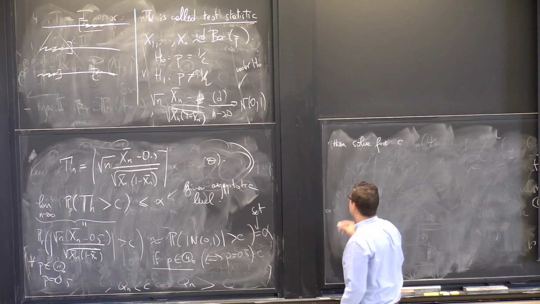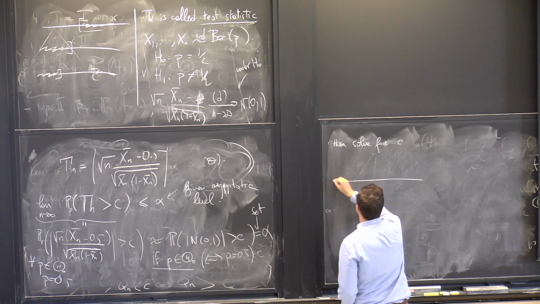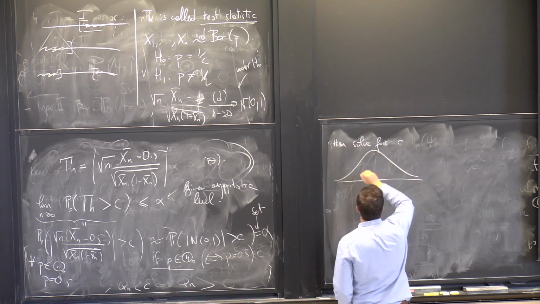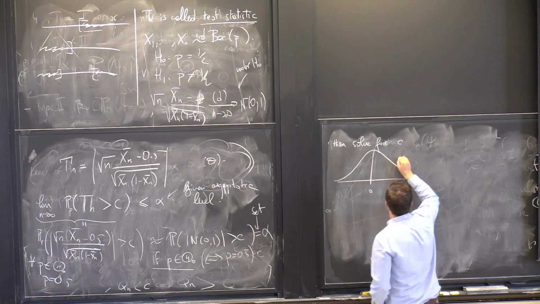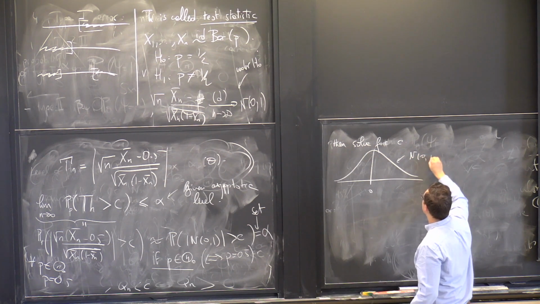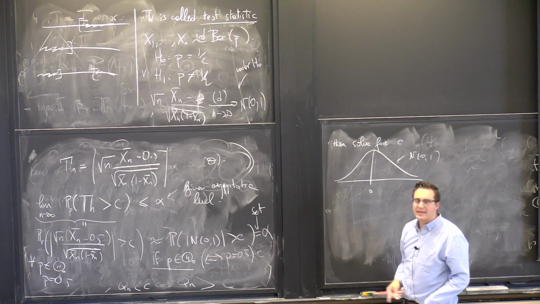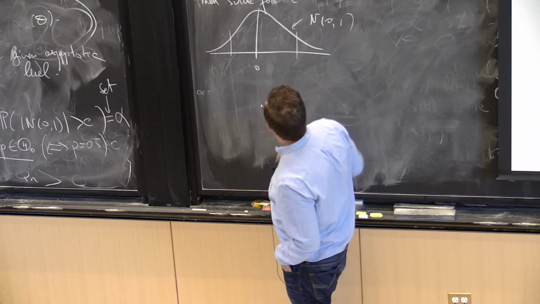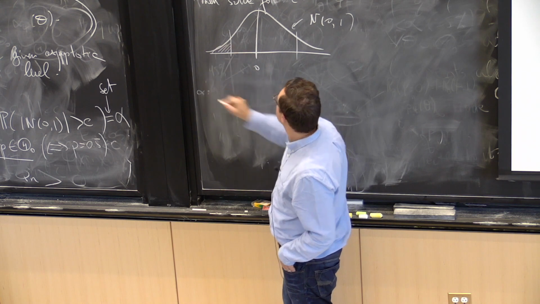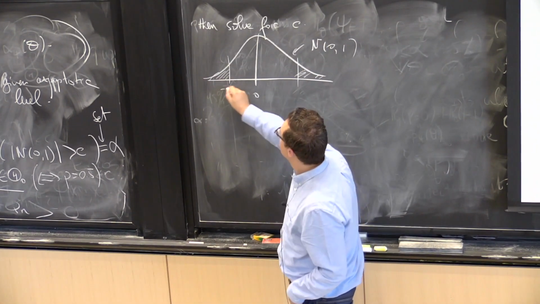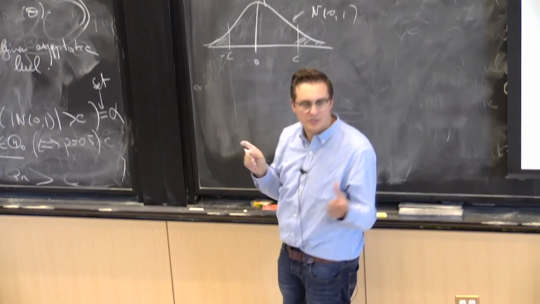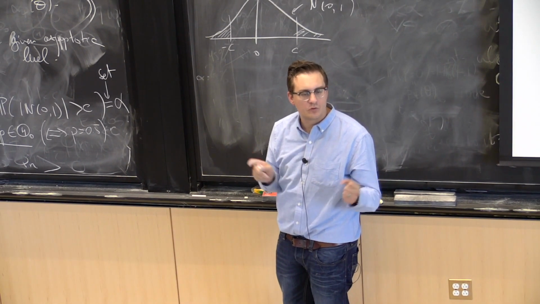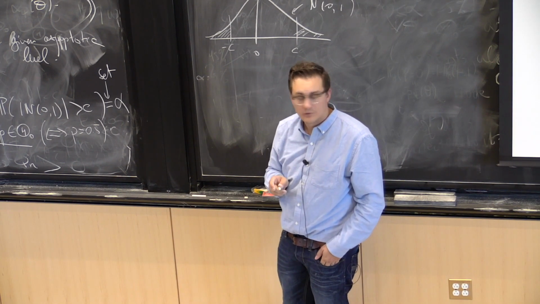What I'm looking for is a c such that if I draw the PDF of a standard Gaussian N(0,1), the probability that the absolute value of my Gaussian exceeds c, which means being either here or here, that's minus c and c, I want the sum of those two areas to be equal to alpha.